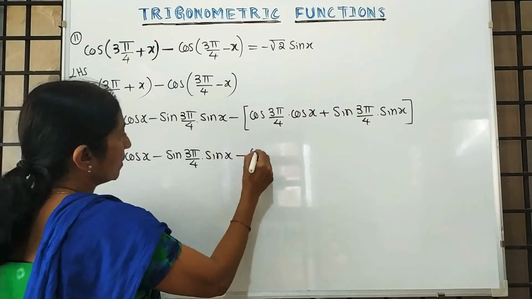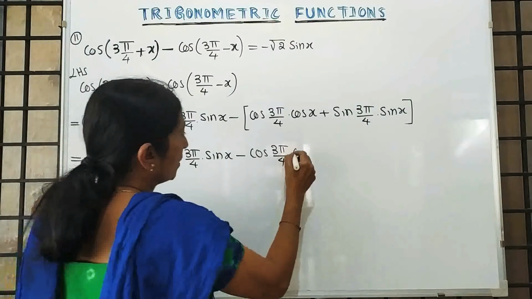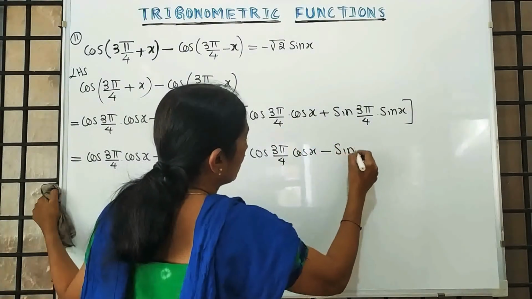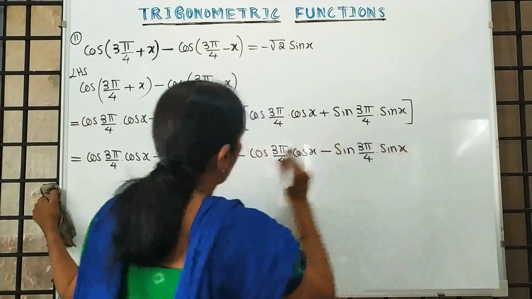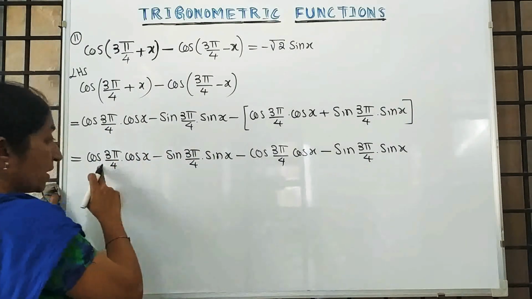Take minus inside. Minus cos 3 pi by 4 into cos x. Minus into plus is minus sin 3 pi by 4 into sin x. See, cos 3 pi by 4 into cos x, this is plus and this is minus.